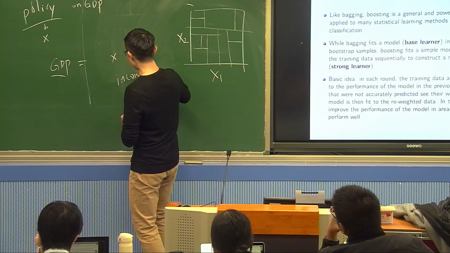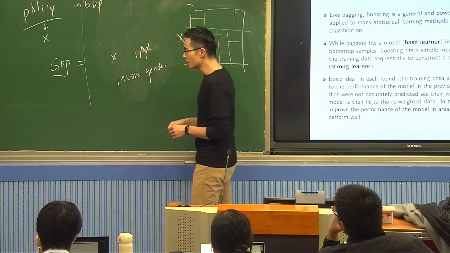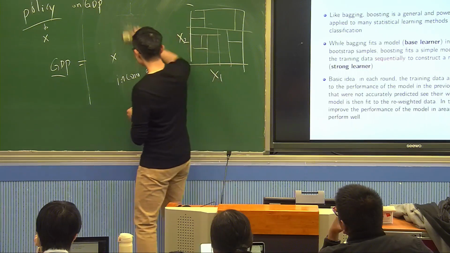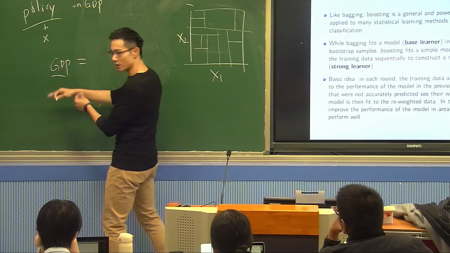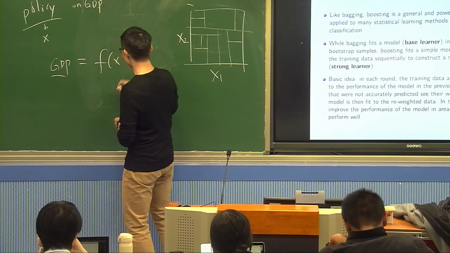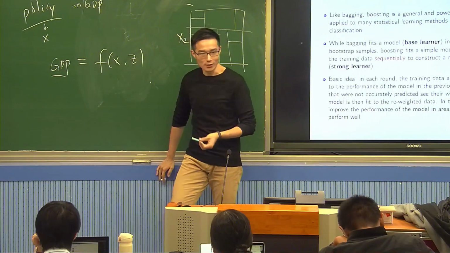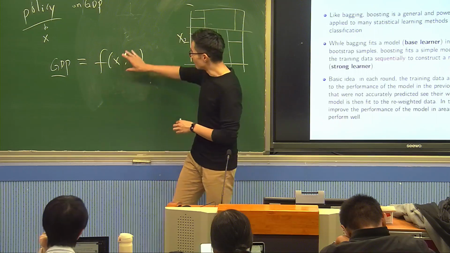It depends on gender composition or something. So typically it depends on a lot of other variables called Z. Suppose the model you have is GDP as a function of your policy and other variables you want to control. These other variables include population size, income, gender, whatever, a bunch of other variables.